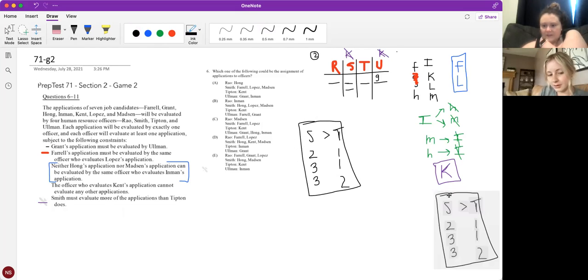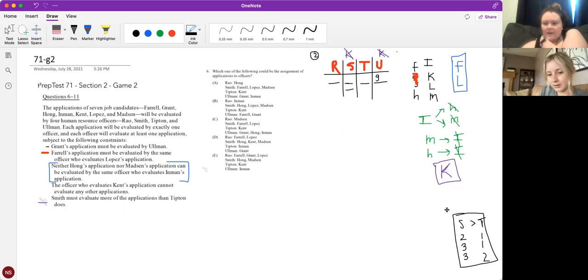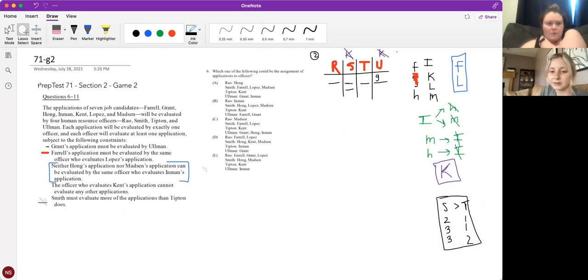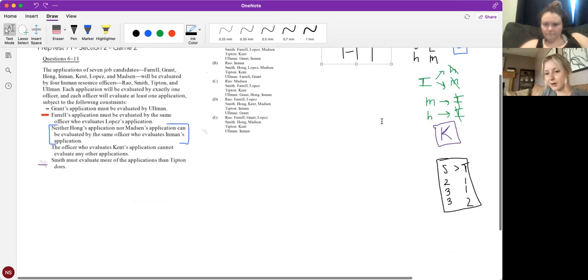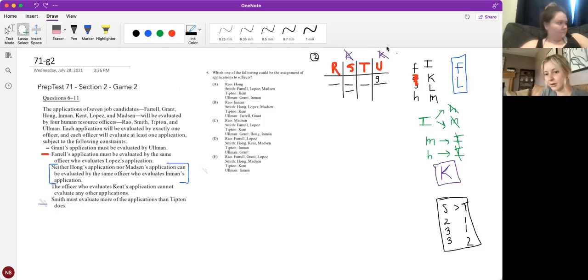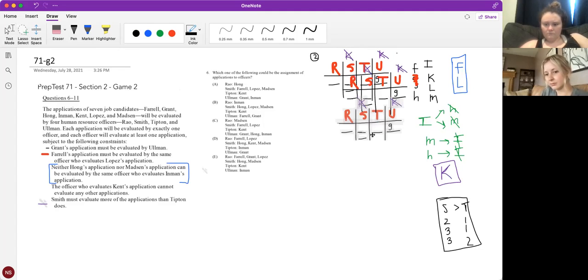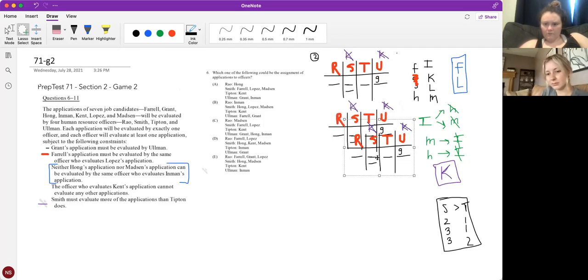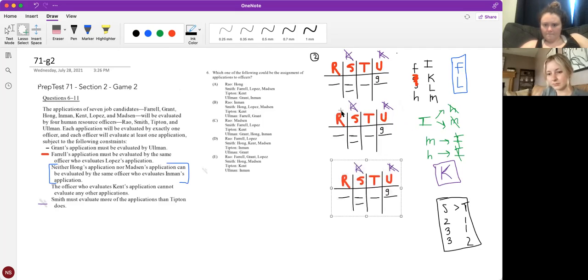Let me move this over here so I can see it. I'm going to go ahead and copy what world I have right now. I'm going to erase this just for a second.